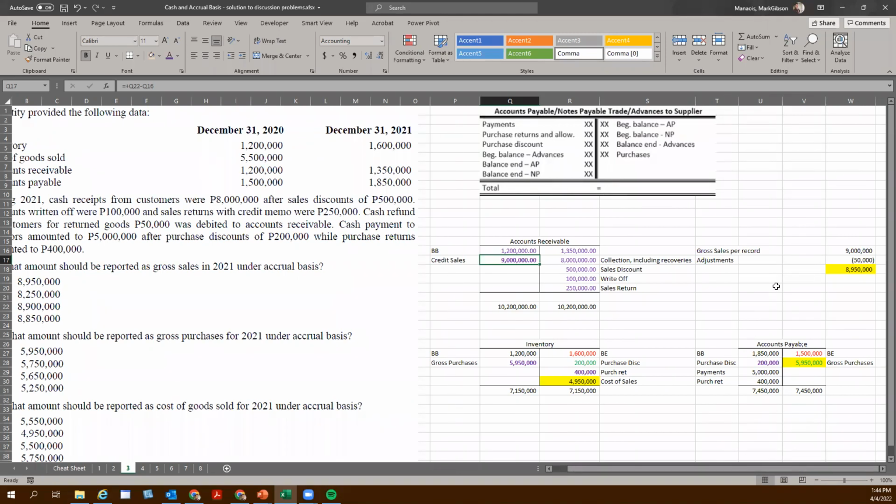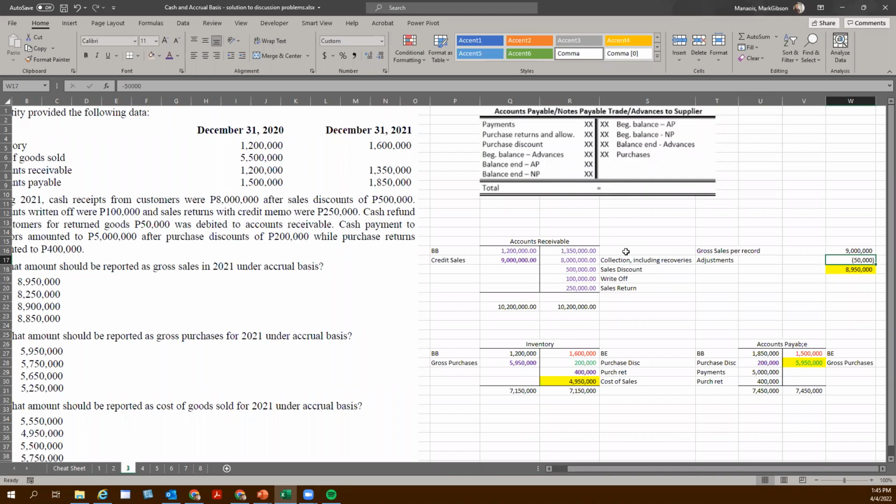So therefore, we have to adjust the credit sales. So we have 900,000 there, less the adjustment of 50,000. It's like we're correcting it. Initially, it was debited to accounts receivable. Let's say credit cash, because there were returns.